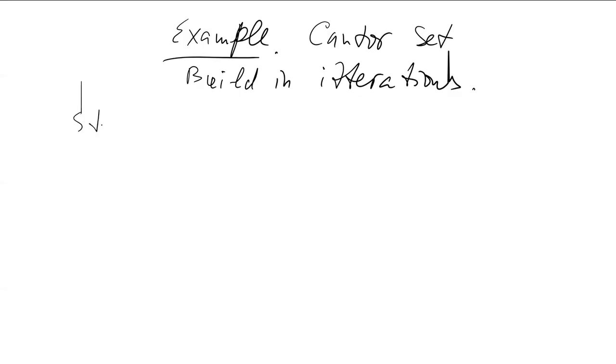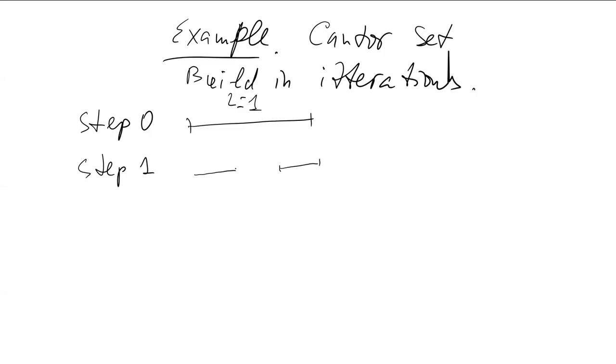So at step 0, again, we have a segment of length 1. At step 1, it is quite similar to Koch's curve. What we do, we remove 1/3, but we don't replace it by anything. So this is 1/3, this is 1/3. Then at step 2, from each of these two segments, we remove the middle third. So it will be 1/9, 1/9, here 1/9, here 1/9.